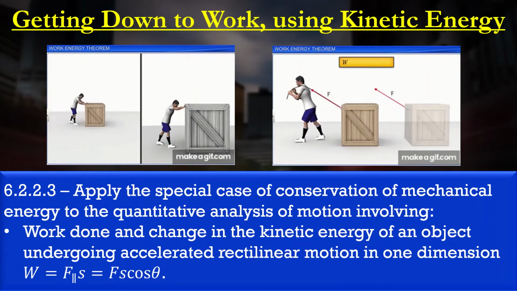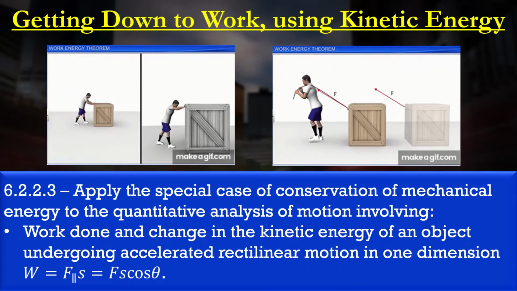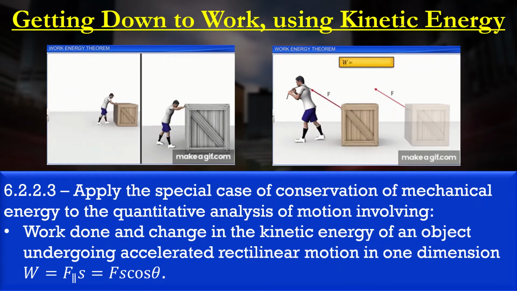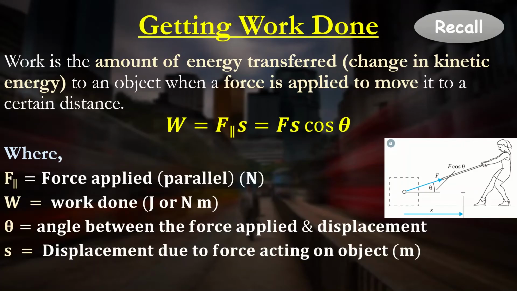What we're going to try and show is how work and kinetic energy are related, or let's see how we can derive a formula for kinetic energy using the formula for work done. What we talked about last lesson was that for an object to experience work, it firstly needs to experience a displacement.